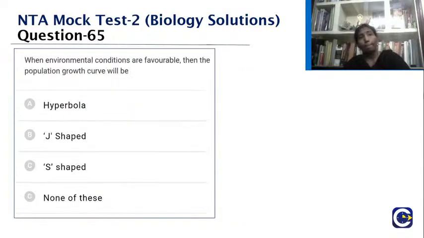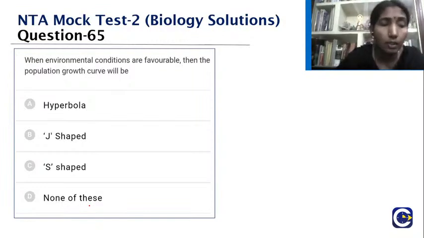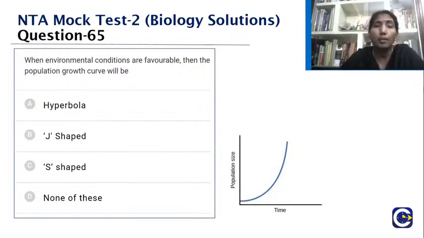When environmental conditions are favorable, the population growth curve will be hyperbola, J shape, S shape, or none of these. So let us recall the population growth curve. When environmental conditions are favorable, the growth curve is a J-shaped curve.